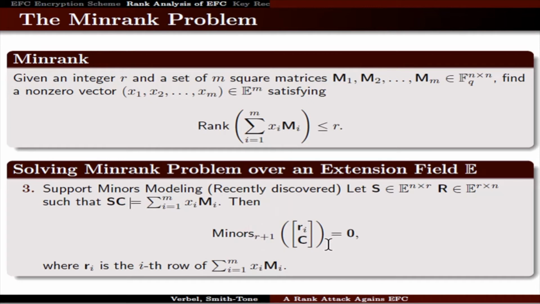And then you can also say that all the minors of this matrix over here are going to be 0, where Ri is just any row of the matrix given by this linear combination. And this is another new method for solving the MinRank problem.